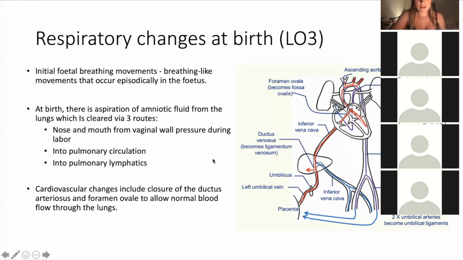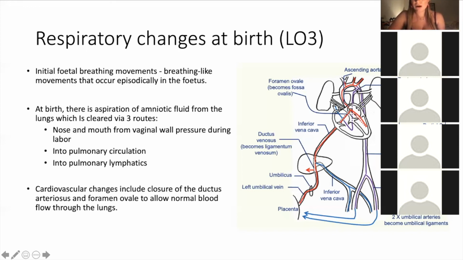It's also important to be aware of cardiovascular changes that occur when the baby's born. So as you can see on this diagram, it's a bit complex, but the 2 main holes you need to be aware of are the foramen ovale, which we have between the left and the right atria, and the ductus arteriosus, which is between the aortic arch and the pulmonary artery.